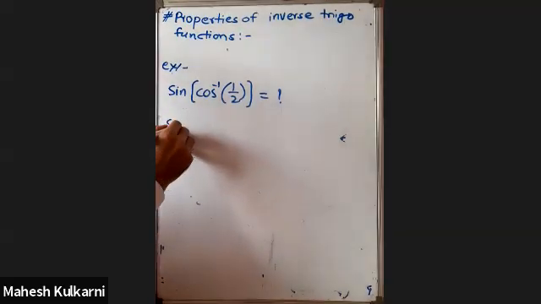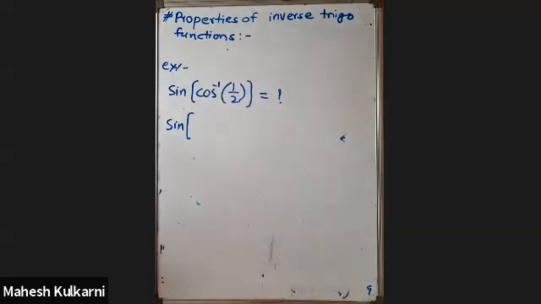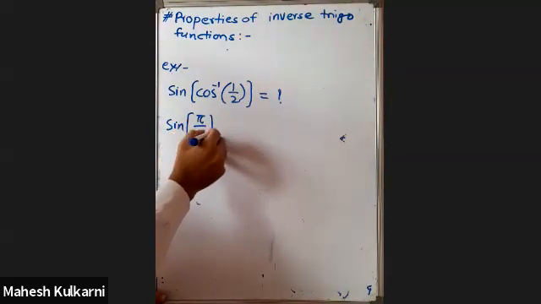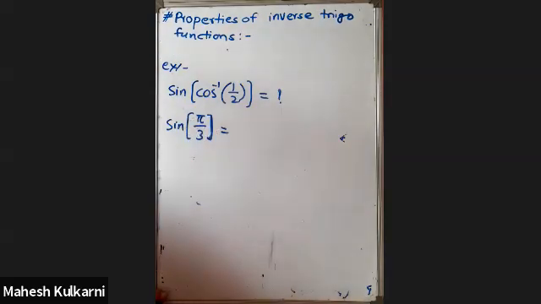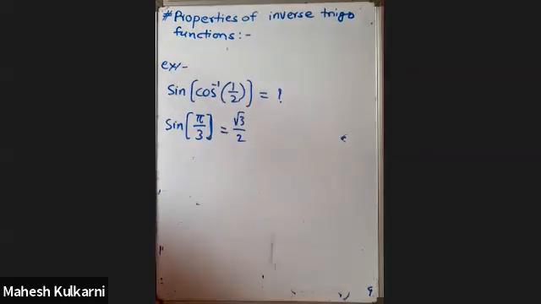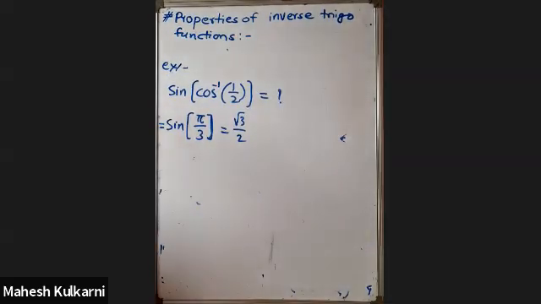So sine of, put the value of cos inverse of 1 by 2. Cos inverse 1 by 2 is pi by 3. And now write the value of sine of pi by 3. Sine of pi by 3 is root 3 by 2. So in this way you can find it.